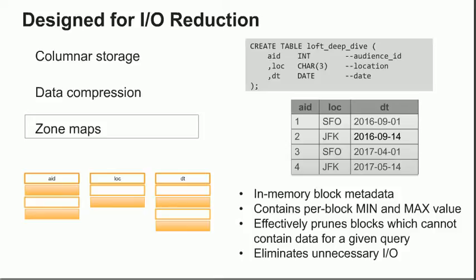And then in memory, we store min and max values for each of them. When a query comes in, let's say a predicate, like we're going to filter some data, we can check those min and max values in memory before we ever hit disk. And that allows us to eliminate data, or reduce I/O, I should say.